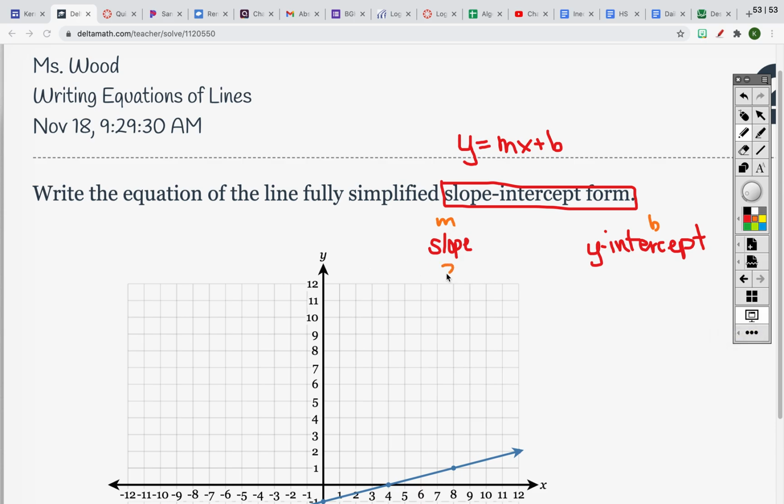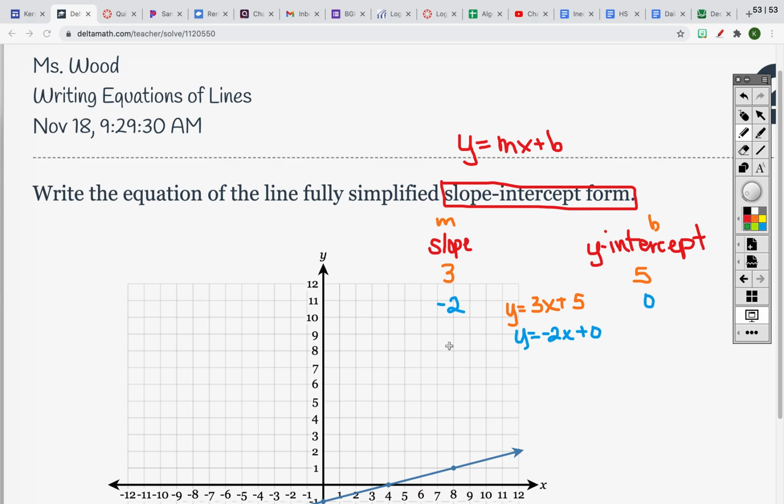So if the slope is 3 and the y-intercept is 5, the equation is y equals 3x plus 5. If the slope is -2 and the y-intercept is 0, the equation will be y equals -2x plus 0.